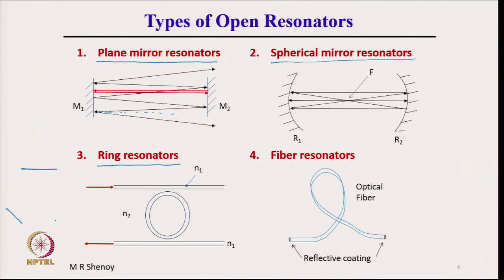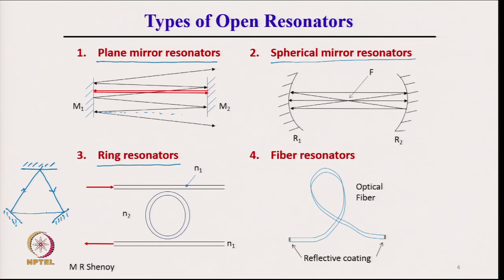For example, a ring resonator basically means, these are mirrors, and a ray which is reflected here and then comes back.